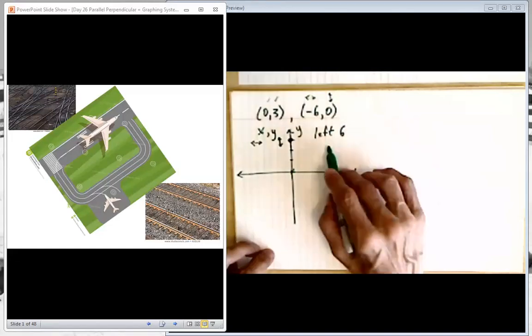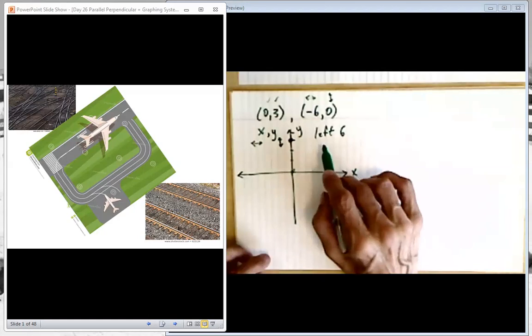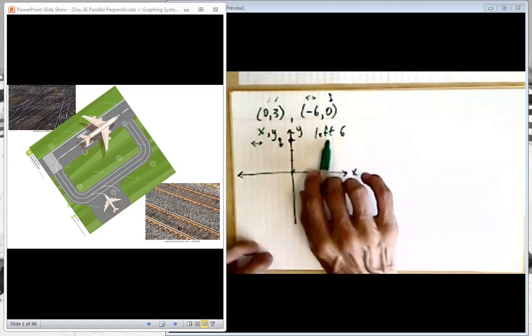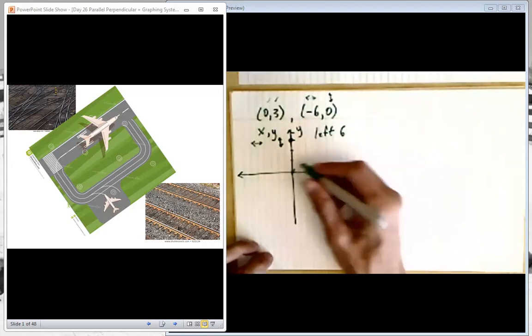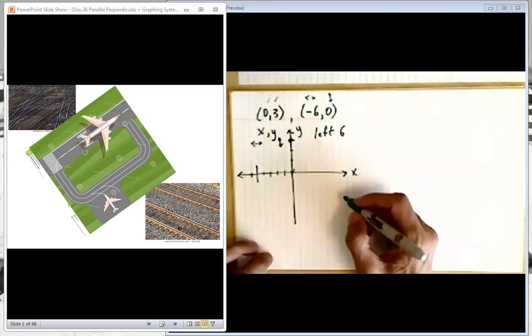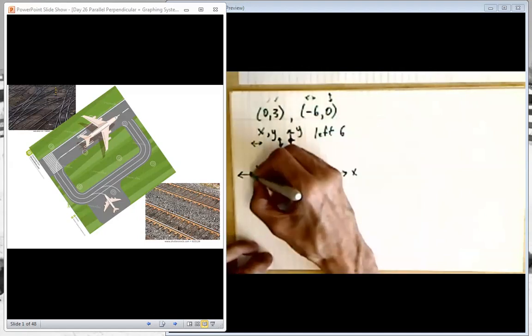Write it down. Left by 6, okay? So left by 6 goes 1, 2, 3, 4, 5 and 6. Up or down? No. Middle. Stays there.